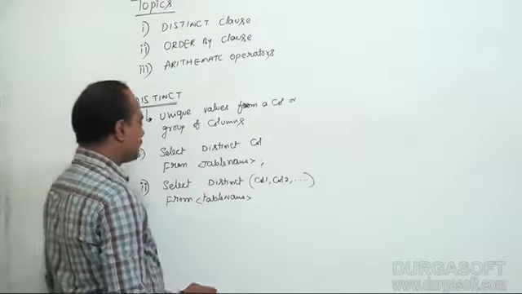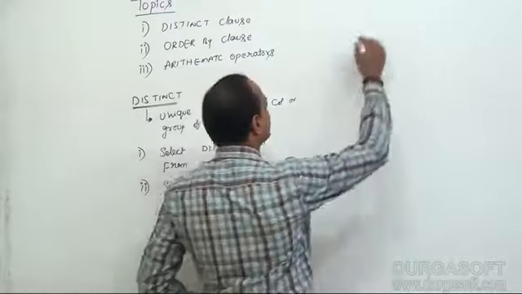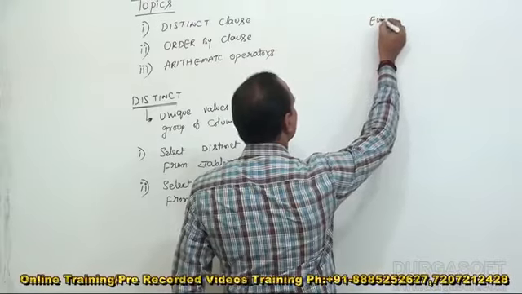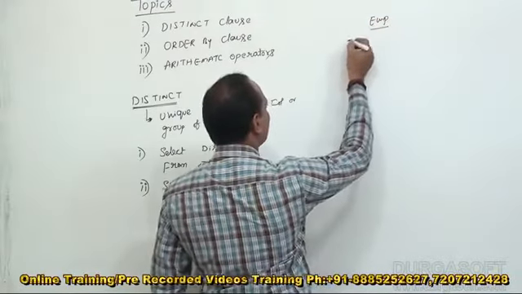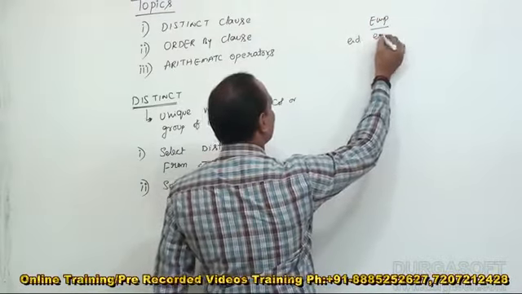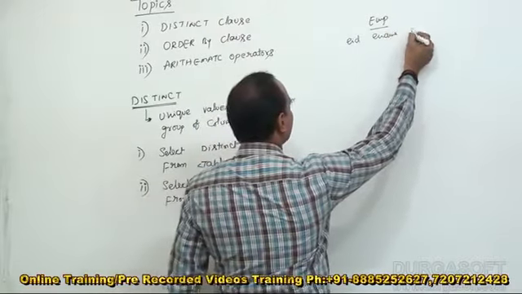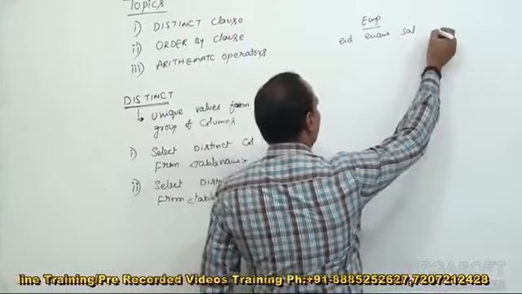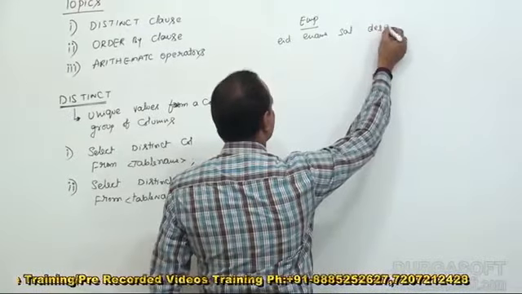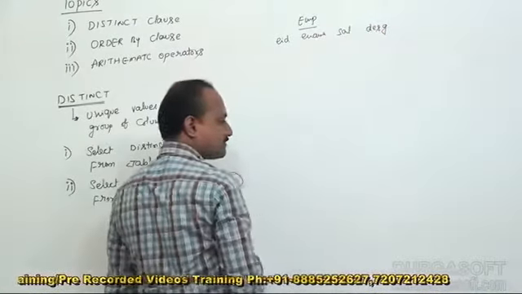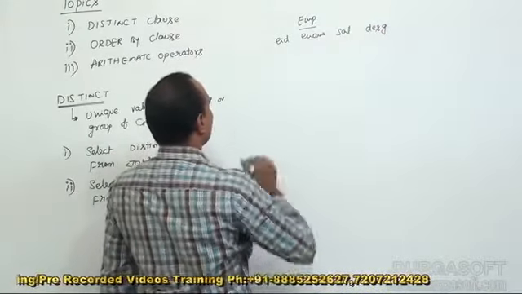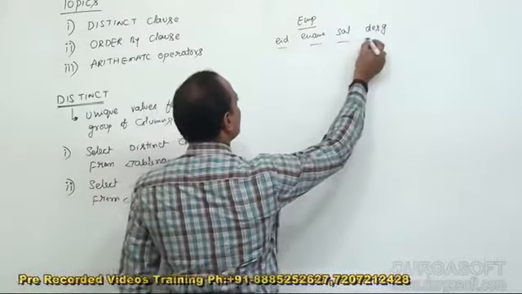Now have a look at an example. Suppose you have an employee table. In the employee table, I am maintaining employee ID, employee name, salary and designation.